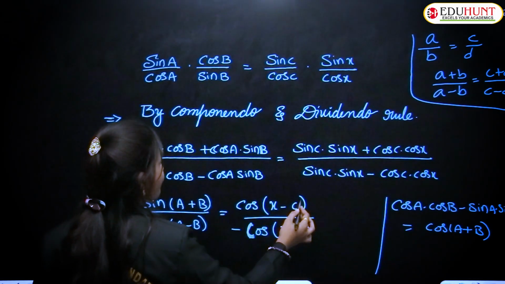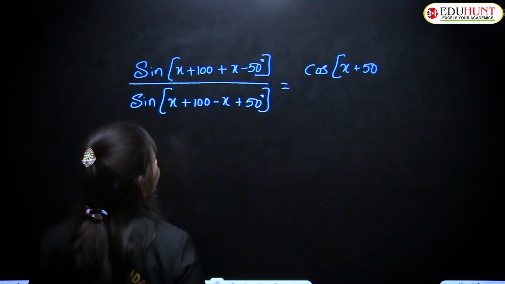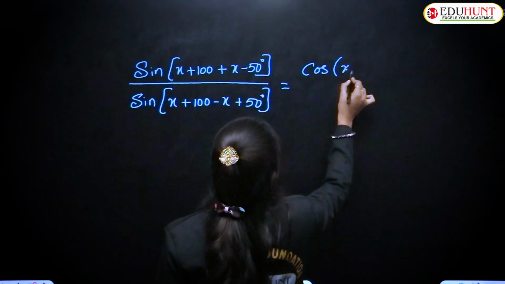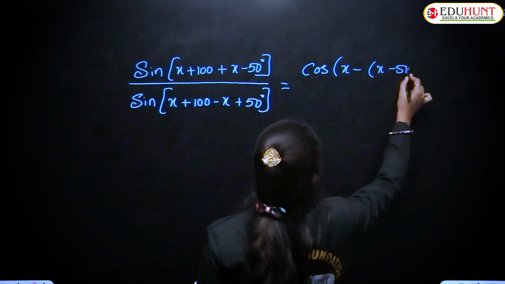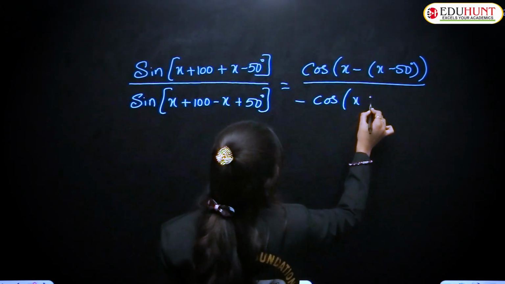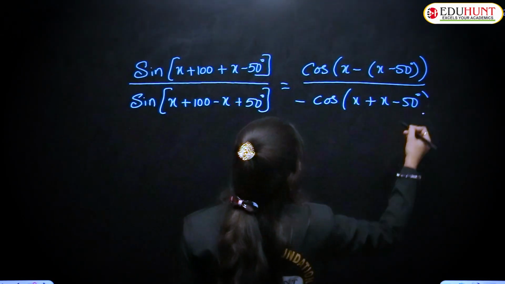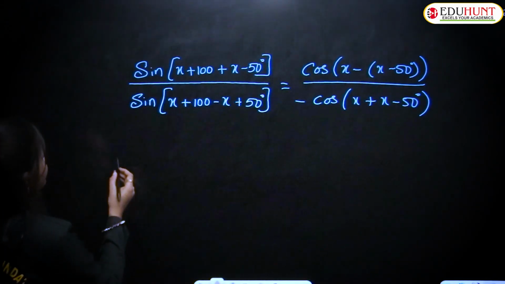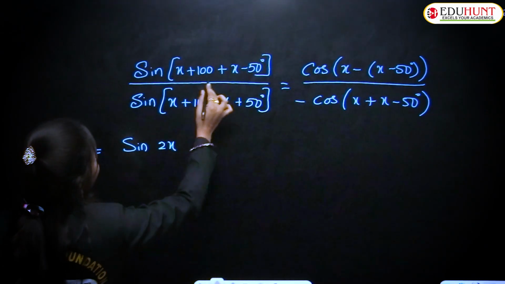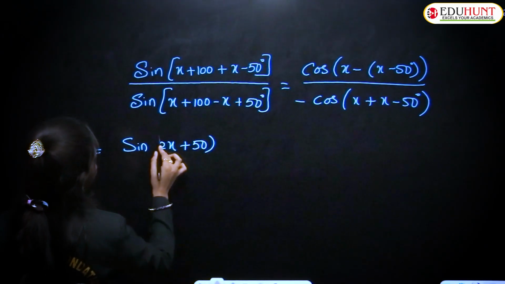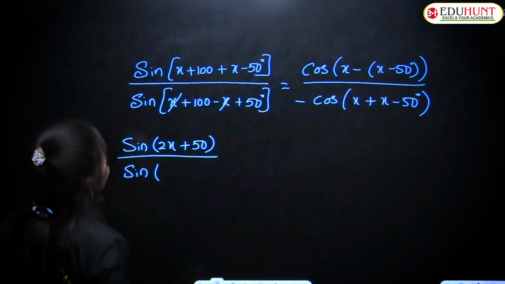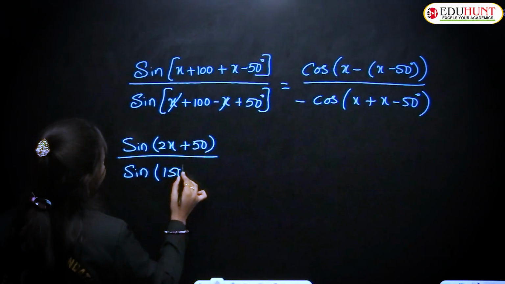What they have given here is x minus C. C is equal to x plus 50, so cos of x minus C, in place of C, x minus 50 degrees, whole by minus cos of x plus C. Understand? So from this one, here sin of x plus x is 2x, 100 minus 50 is 50, 2x plus 50, by sin of x, and x gets cancelled, and here 100 plus 50 is 150 degrees.